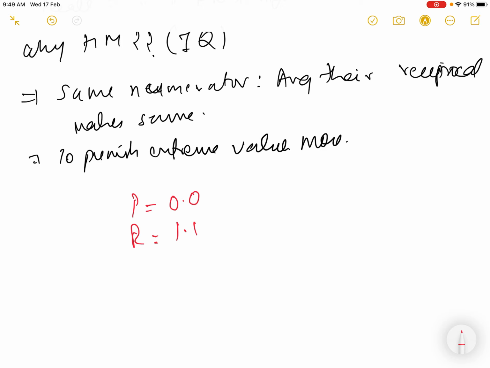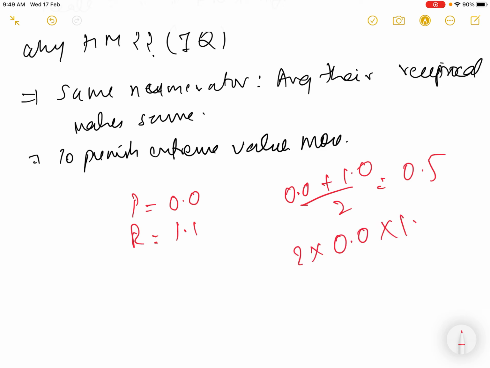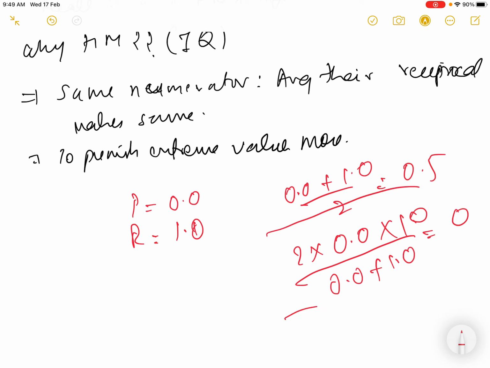If I take the arithmetic average of this, you'll get 0.5. But if I take the harmonic mean, it will be 0. Now that is important.